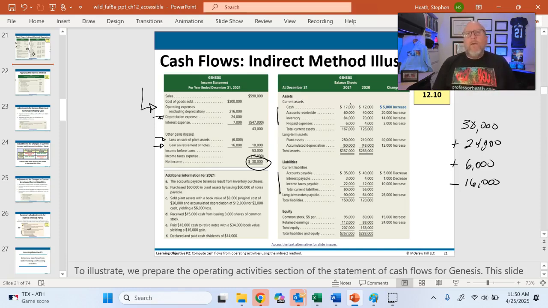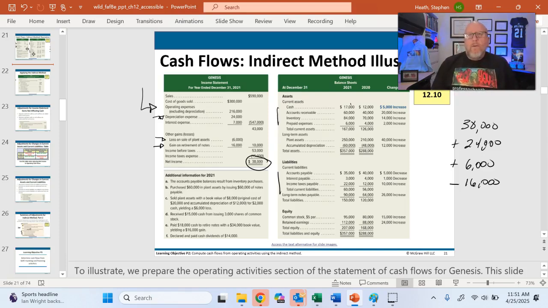Accounts receivable is a current asset. And we had 40,000 in accounts receivable in 2020, and then it jumped up to 60,000 in 2021. If we go back to our notes, an increase in a current asset is like a use of cash.